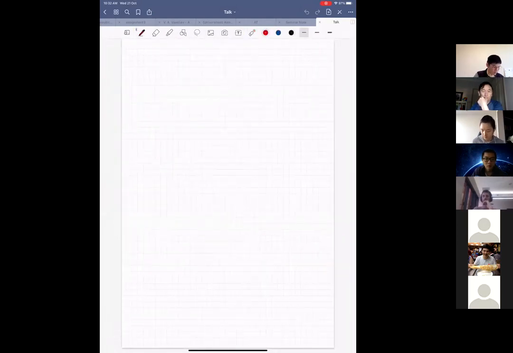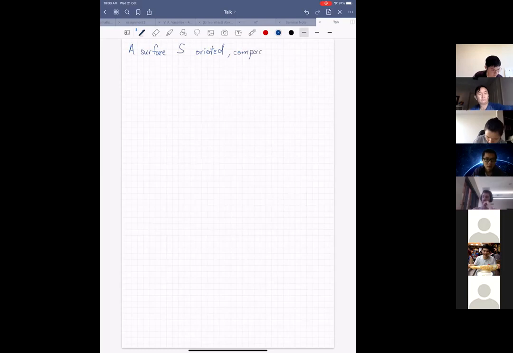So first of all, we will define what is a curve in a surface. So suppose we have a surface S. We want it to be oriented and compact. So what kind of surface can you think of?